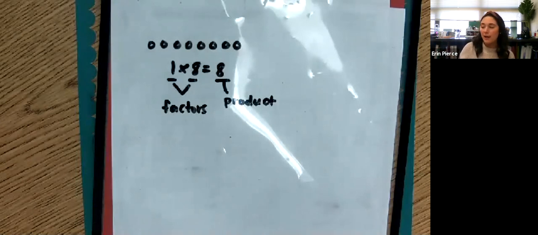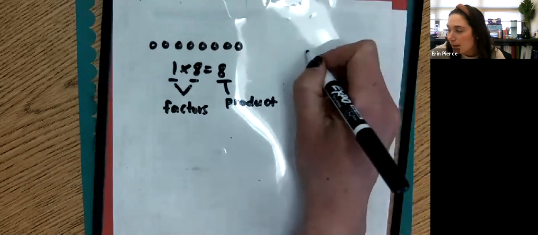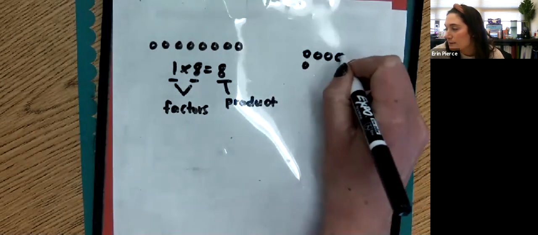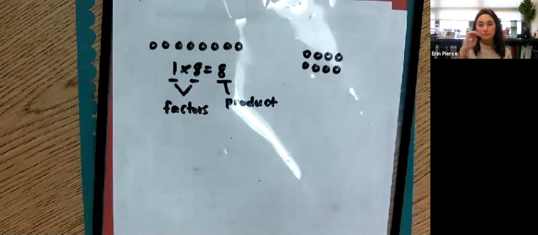Our other array for our number 8 is a 2 by 4. 2 by 4 across. What is my number sentence for my 2 by 4?